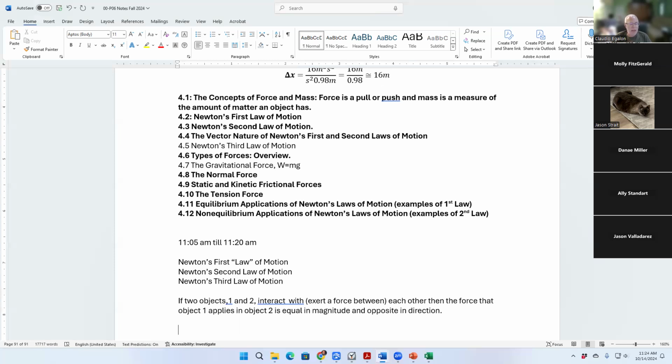Let's rephrase that. Let two objects, 1 and 2, be interacting with each other. That's another way of stating this third law.